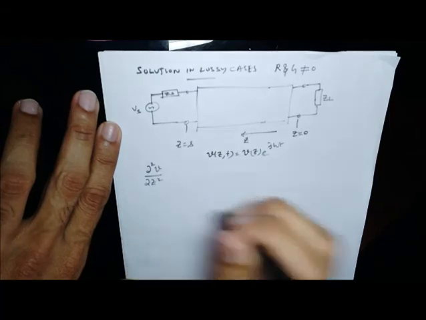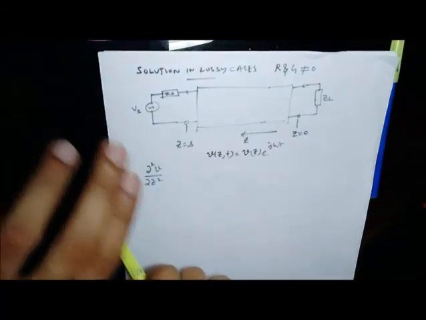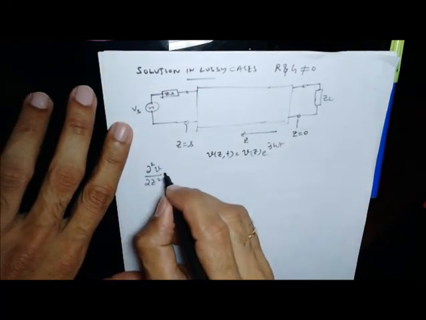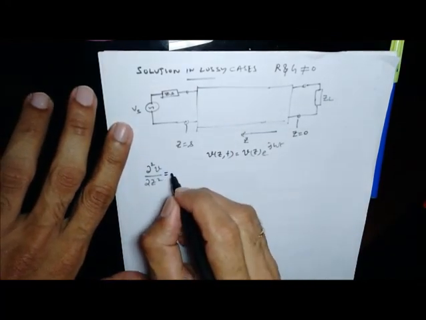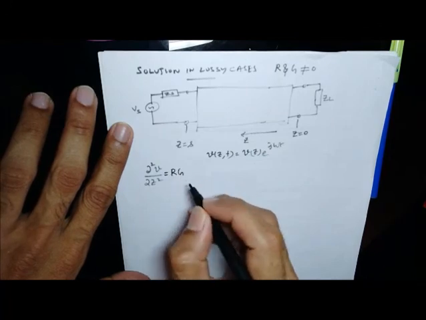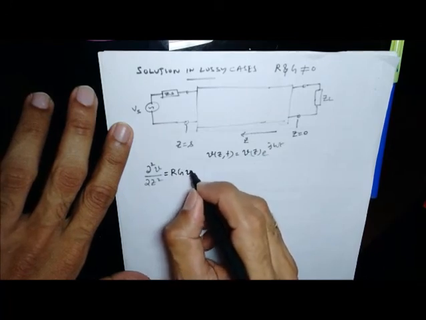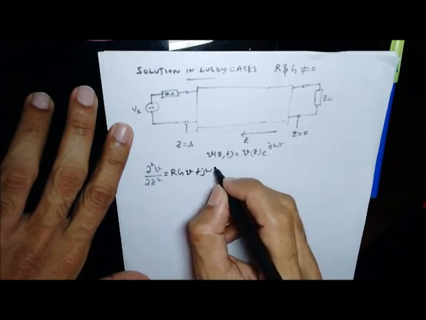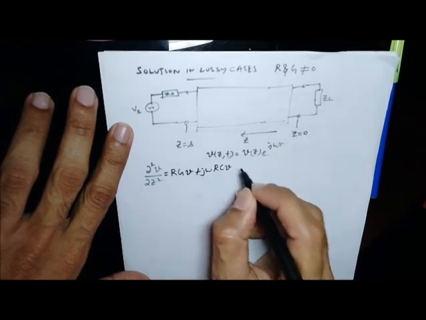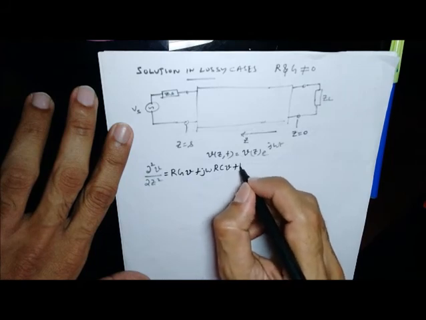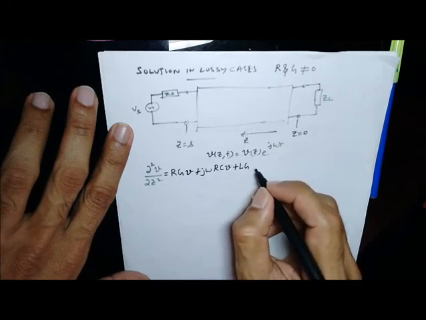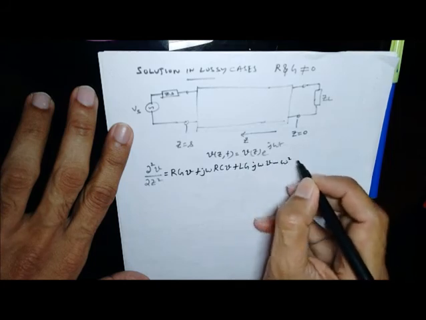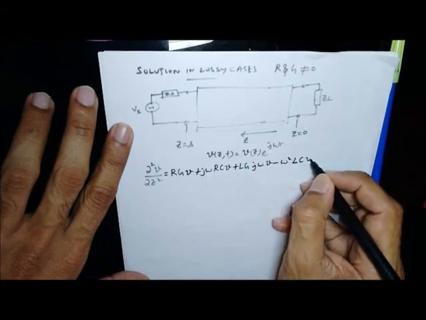Dou square V by dou z square is equal to R G V plus j omega R C V plus L G j omega V minus omega square L C V.